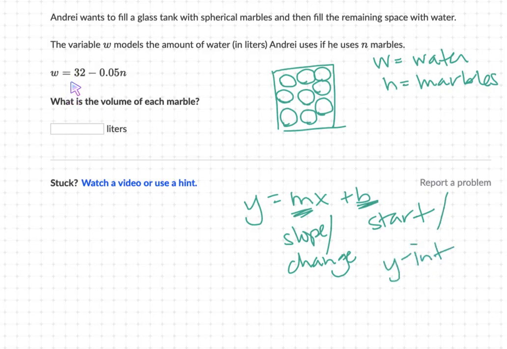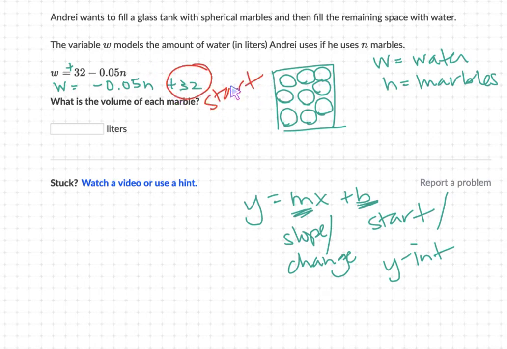Well, let me first put it in y equals mx plus b form. I'm just going to switch this around. So instead of the 32 in the front, I'm going to put it in the back. It's a positive 32, so it's going to be plus 32. This is subtracting 0.05, so it's going to be a negative 0.05n. Okay, so this now tells me that the 32 is the start.